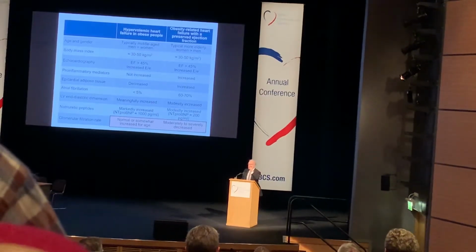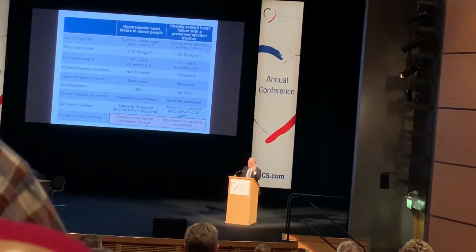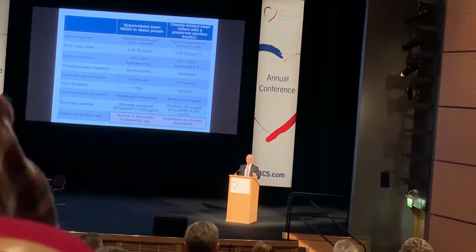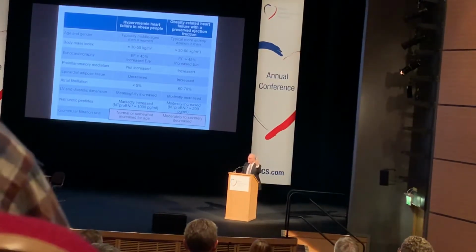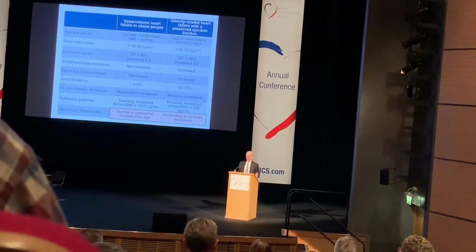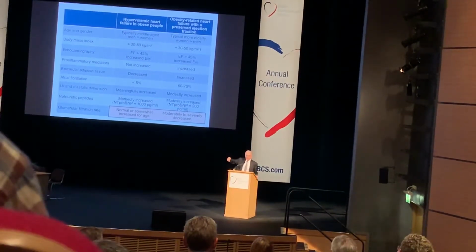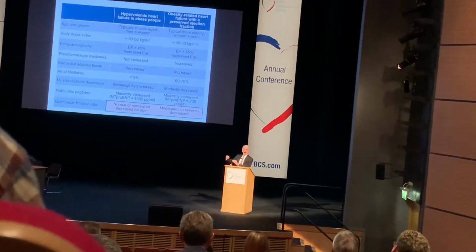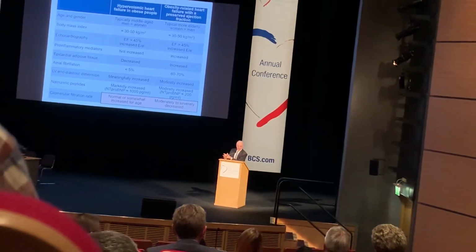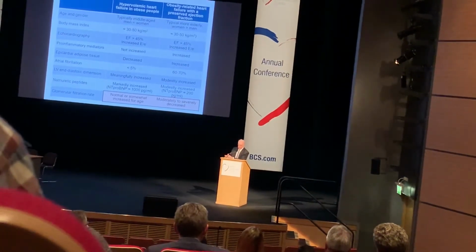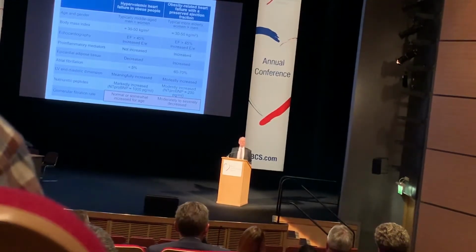I want you to look at their electrocardiogram, and I want you to look at their renal function. If they're in sinus rhythm and their renal function is normal, they probably have the syndrome on the left. If they're in atrial fibrillation and their renal function is impaired, and especially if their hearts are not markedly dilated, they have the syndrome on the right.